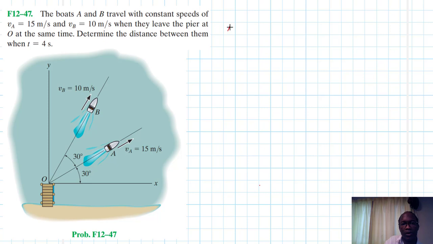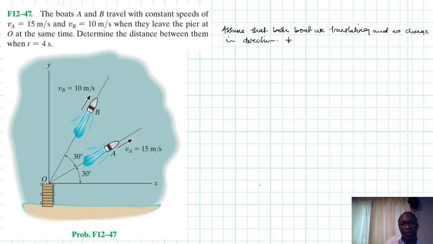So let's assume that both boats are translating, and no change in direction.